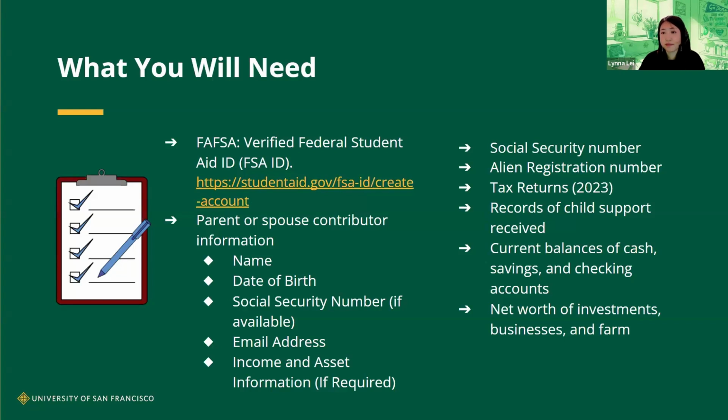And then for students, we require their social security number and their A number if they are eligible non-citizens, and then tax returns from the 2023 tax year, records of child support if you're receiving child support, current balances of cash savings and checking accounts, and also the net worth of investments, business and or farms.